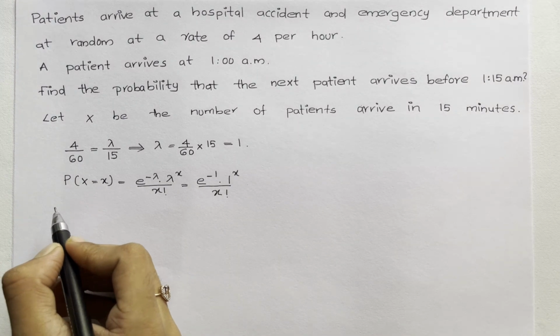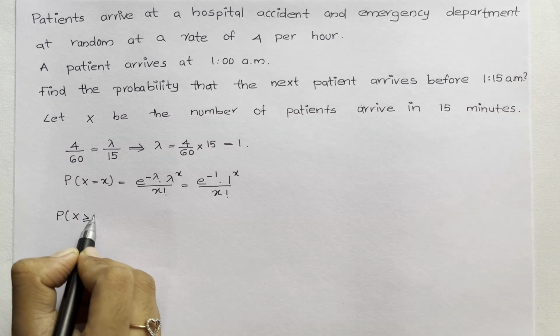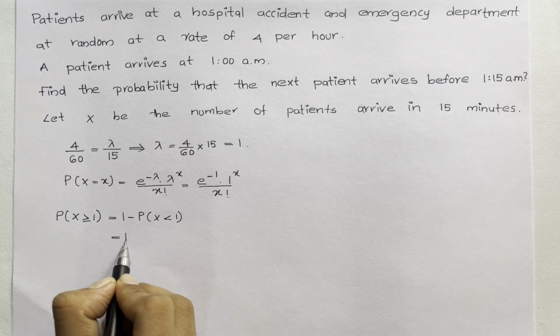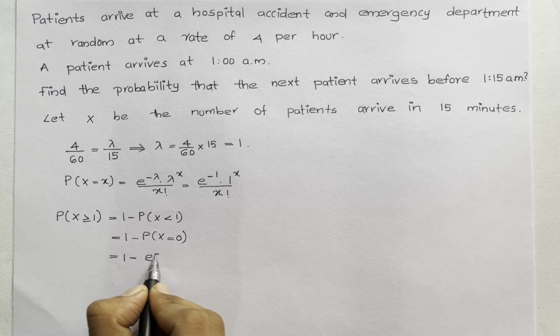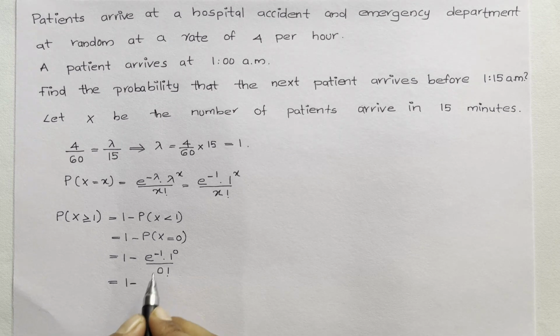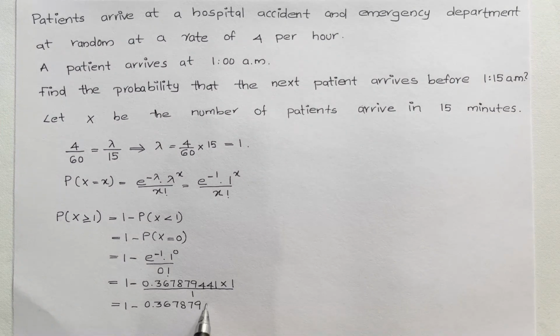Now, the probability that the next patient arrives before 1:15 a.m. is P of x greater than or equal to 1 equal to 1 minus P of x less than 1 equal to 1 minus P of x equal to 0 equal to 1 minus e raised to minus 1 into 1 raised to 0 divided by 0 factorial equal to 1 minus e raised to minus 1 is 0.367879441 into 1 raised to 0 is 1, 0 factorial is 1, equal to 1 minus 0.367879441.